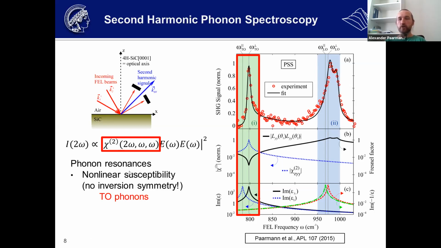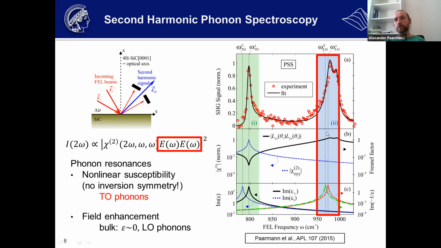We can use this quite nicely because silicon carbide and many other polar crystals have broken inversion symmetry, and that's why we actually get bulk nonlinear signals of second order. So keep that in mind for the rest of the talk. Anyhow, this is a not too small number, plus it has a peak at the TO phonon resonance, and this peak in the Chi2 is responsible for this peak in the second harmonic.